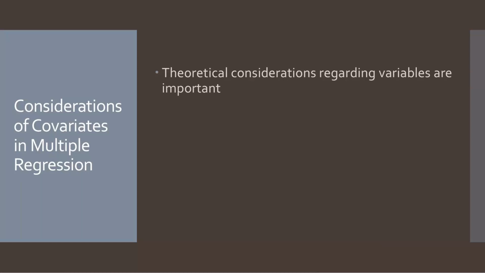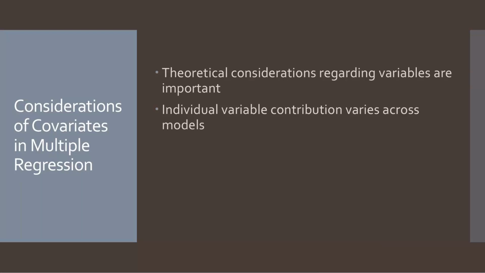Because the problem with that is when you switch data, you're going to get different results. You should always be, in science, trying to develop theoretical understanding of causal relationships, and then use the data to help test your understanding. So always consider, is this theoretically an important variable?